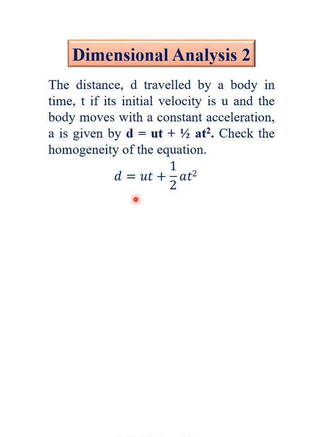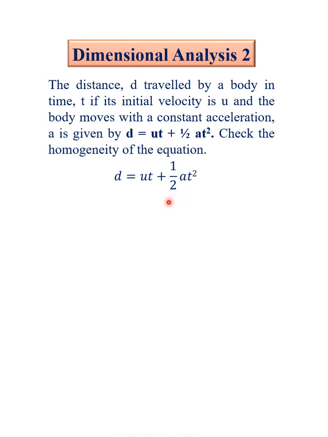However, if the units or dimension of each term that makes up the equation is not the same, then the equation is not homogeneous. So here we are just going to take the terms d, ut, and at squared and check their units to see if they are the same before classifying this equation as either homogeneous or not homogeneous.